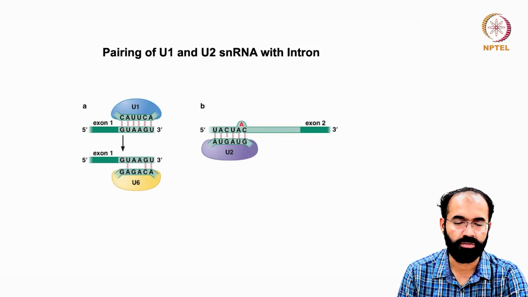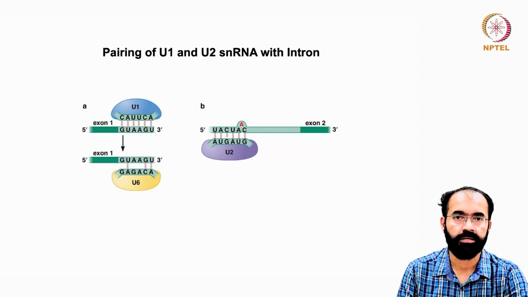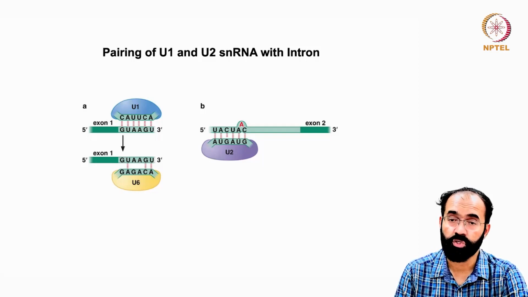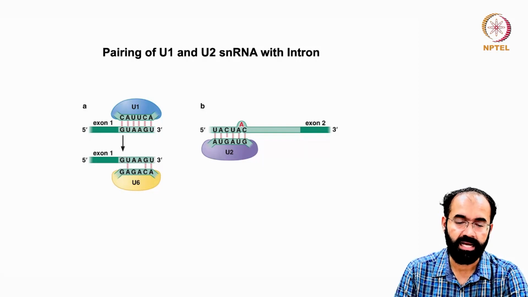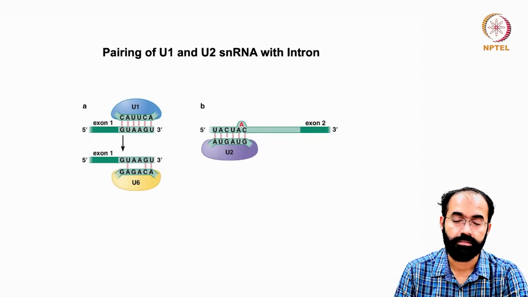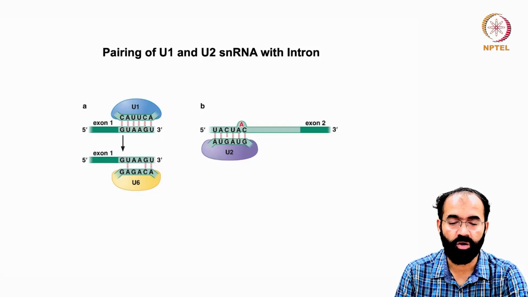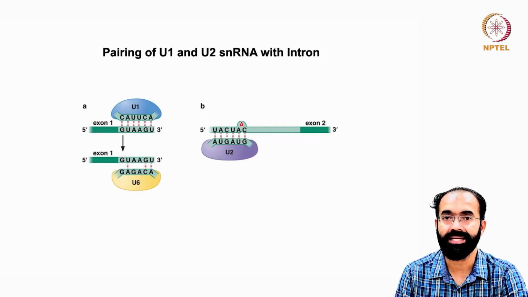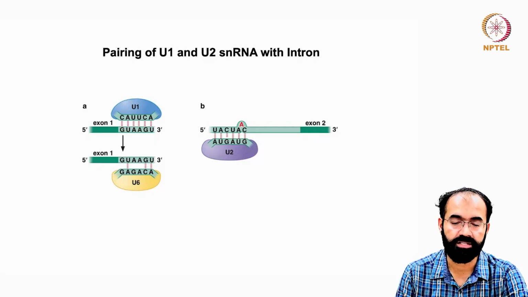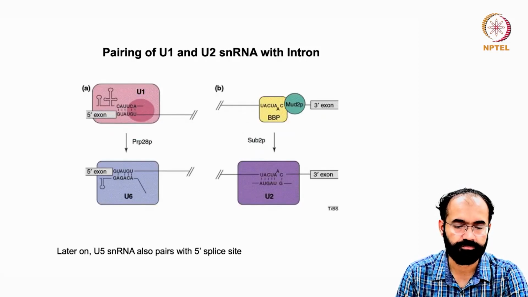This is the exon and this is the intron part, and it is pairing very nicely, and it can further be influenced by U6 snRNA at that place, not now, at a later stage. And at the branch point you have the pairing of U2, purely in the intronic sequence. Let us see what happens next.